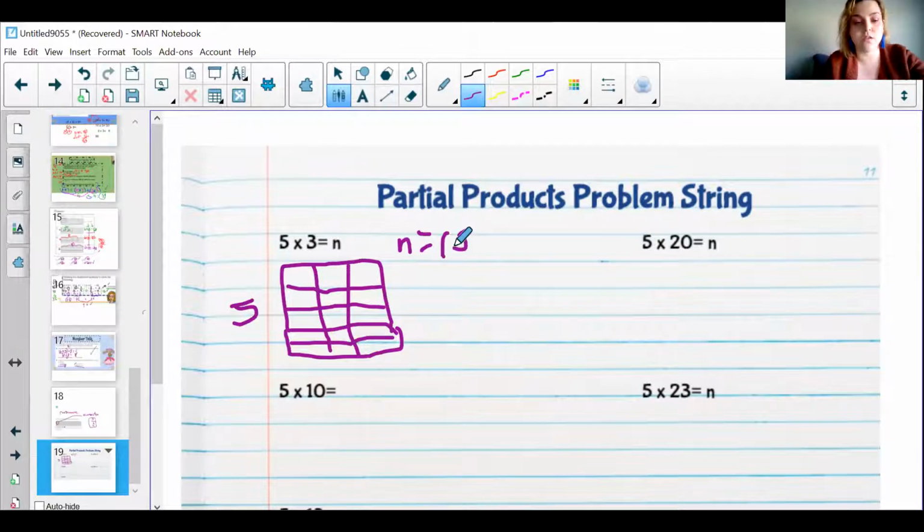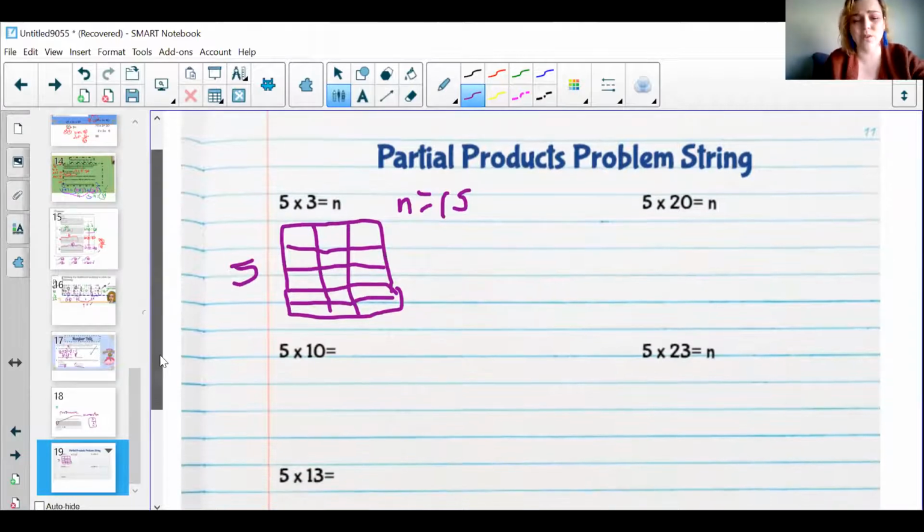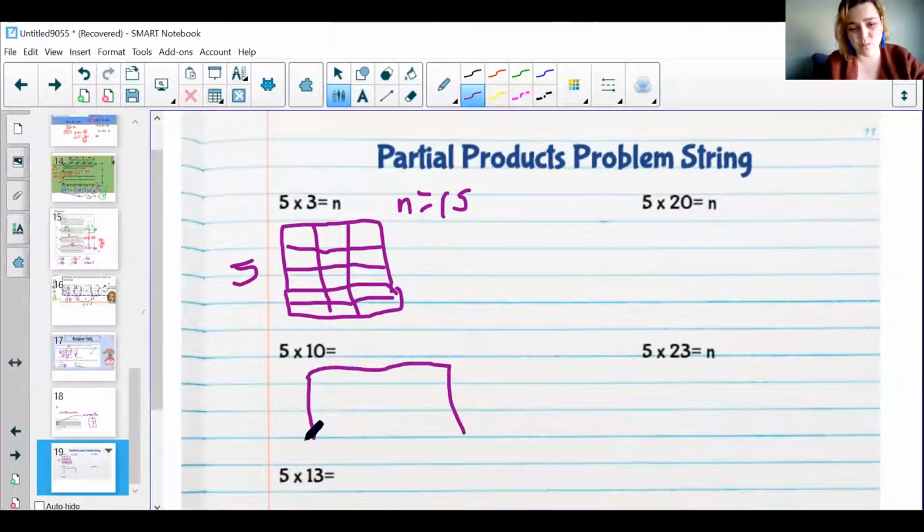All right, we're going to do the second one. Another one that you probably know, and you're probably thinking, why are we doing this one? We already know what 5 times 10 is. We're still going to do it. So remember, we have 5 rows and 10 columns. I could do each box, but that's not going to be super efficient. So I'm just going to write 5 here, and I'm going to write 10 here, right?